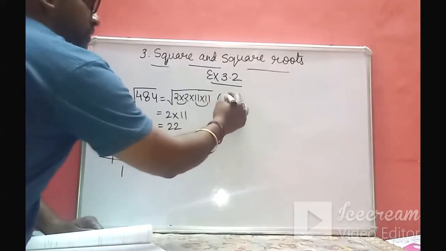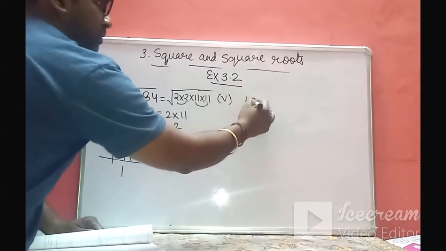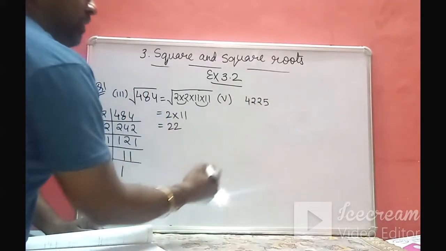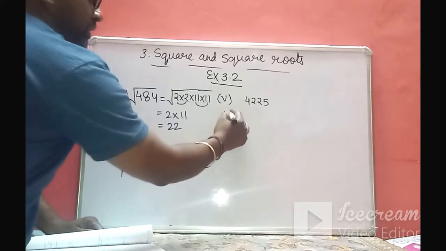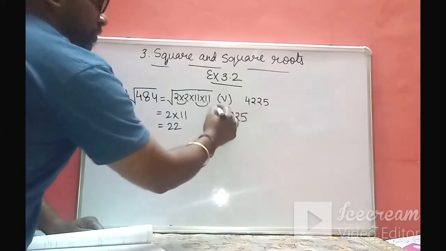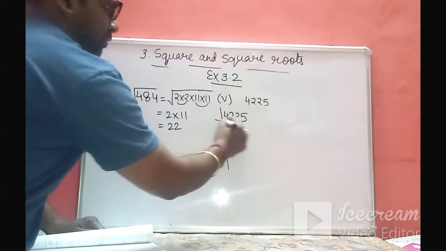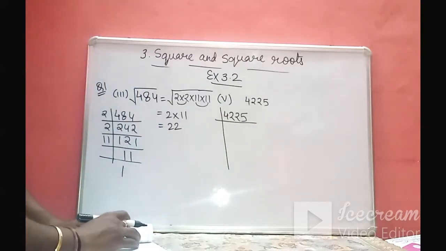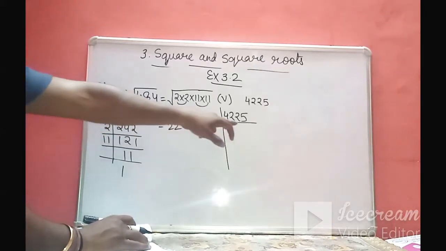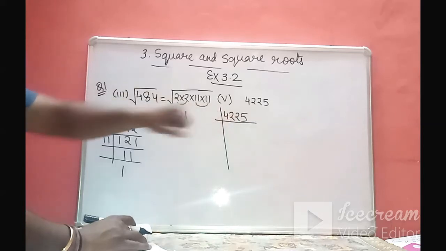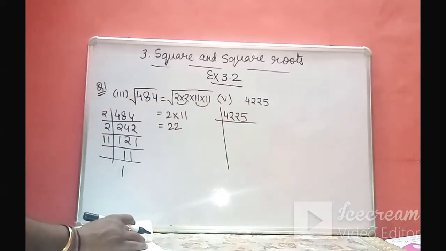Okay, now suppose this is a number and we have to find the square root. Since it is asked, we have to use the prime factorization method. Now 4225 is not divisible by 2 and neither is it divisible by 3. You can add the digits: 5 and 4 is 9, and 4 is 13, the sum of the digits, so it is not divisible by 3.